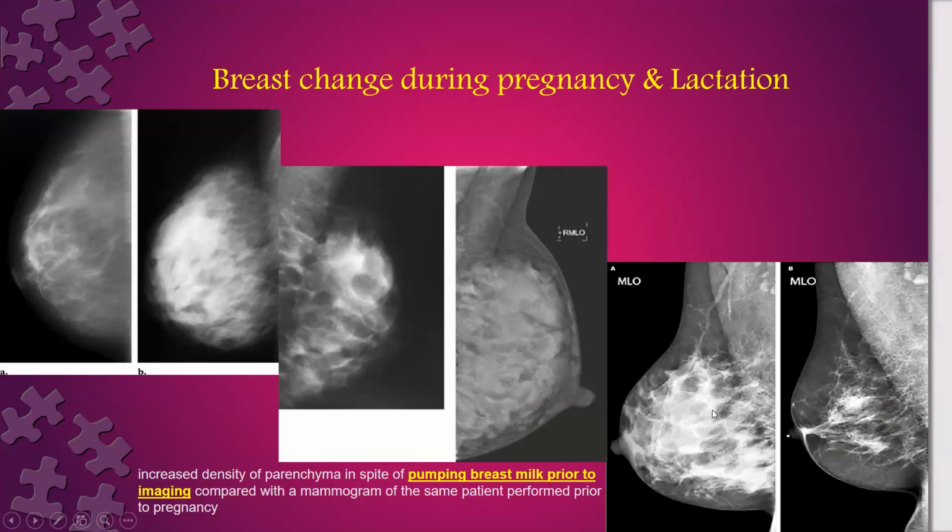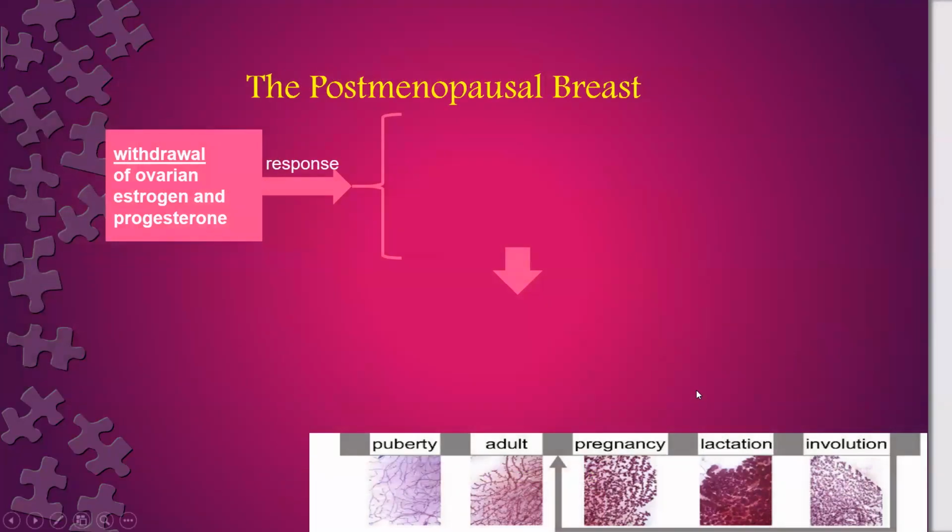You see how the breast becomes too dense, and sometimes you can pump the milk before doing mammography. If it is necessary to do mammography during lactation, it might slightly reduce the breast density.